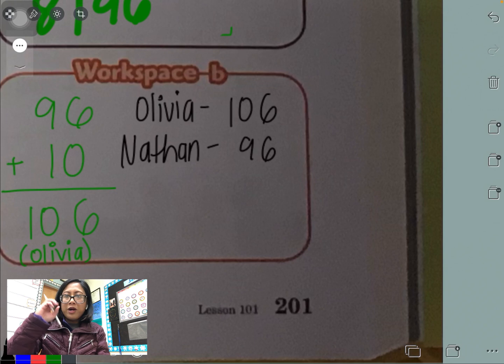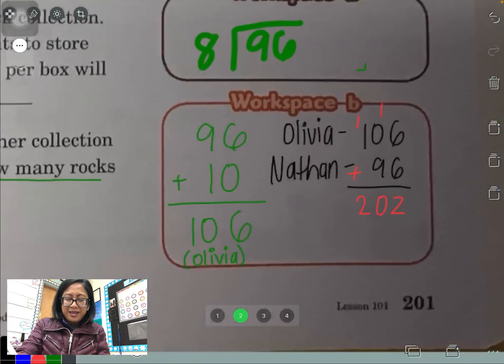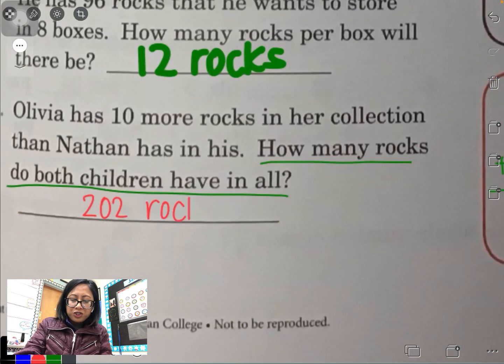You can just put O and then N. Nathan has 96. So now we have to figure out how much they both have, which means we've got to add. 6 plus 6 is 12. 1 plus 9, we just established that, is 10. 1 plus 1 is 2. So overall, both children have 202 rocks.